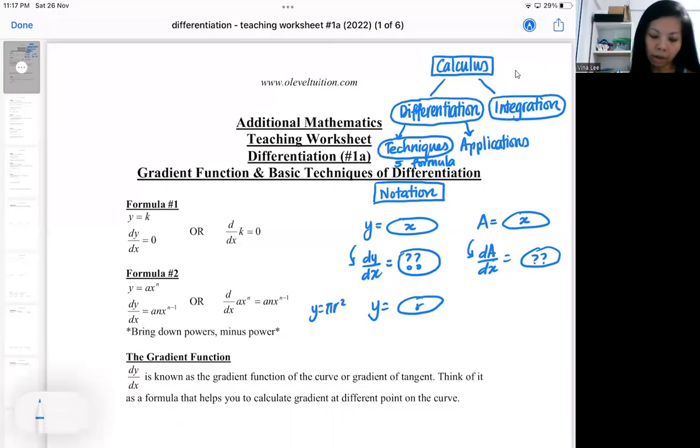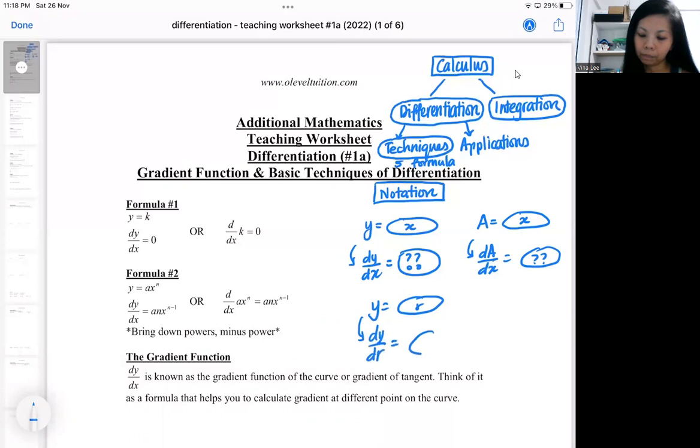In this case, if I apply any of the 5 formulas under the technique, I will get a dy dr. Or maybe I have a volume formula, and my volume is in terms of x, something like v equal to x cubed. Then if I apply any of the 5 formulas under the technique section, I'll be getting a dv dx.